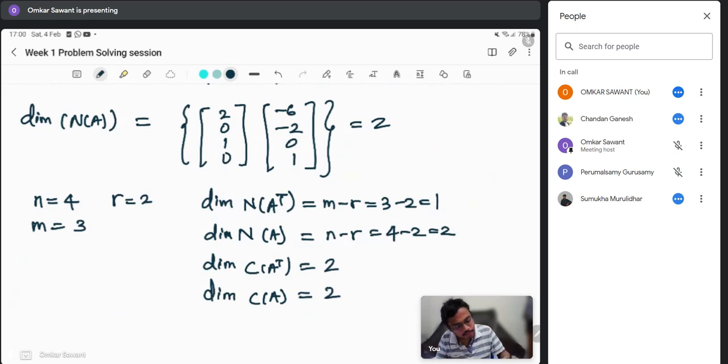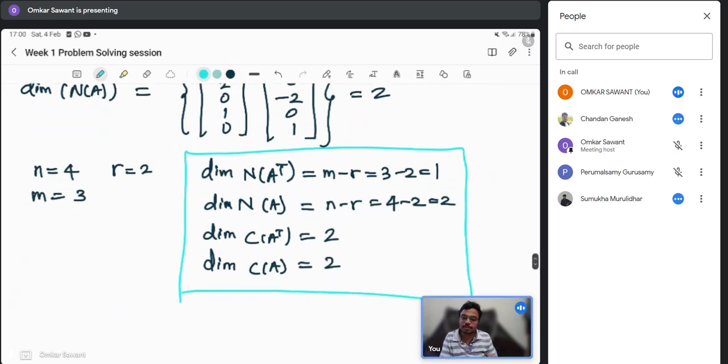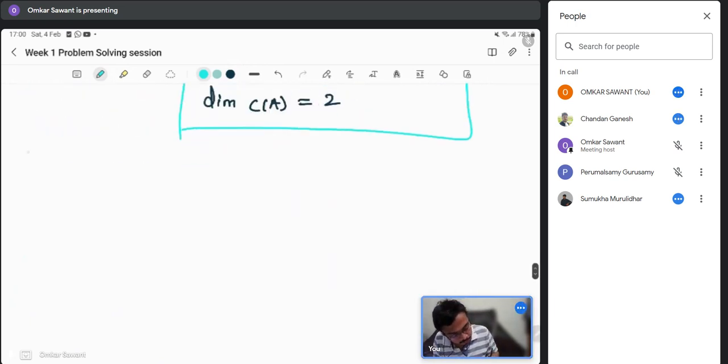Right. Correct. You understood the concept? The rank of the matrix gives the dimension of the column space of A and A transpose, and they are the same. Okay, sir, got it. These rules are applicable when the rank is less than or equal to m and the rank is less than or equal to n.